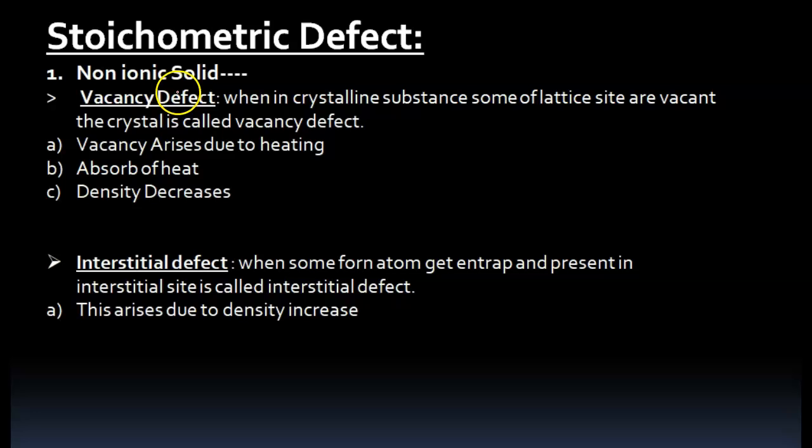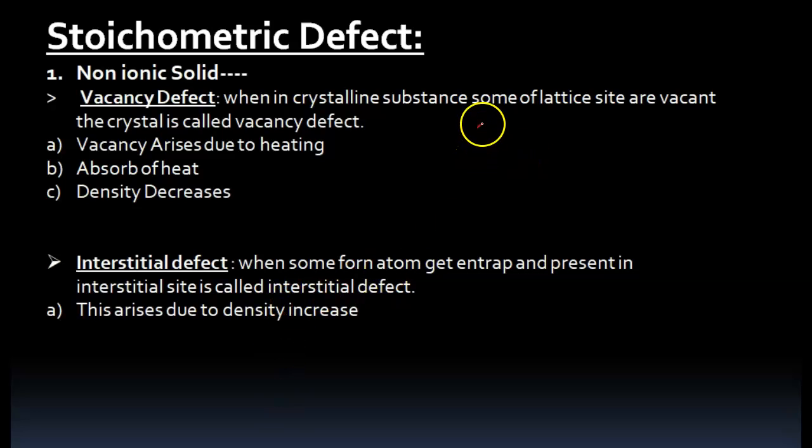What is stoichiometric defect? In which the ratio will be the same. So in non-ionic solid, first is vacancy defect. When in a crystal some of the lattice sites are vacant, the crystal is said to have vacancy defect.